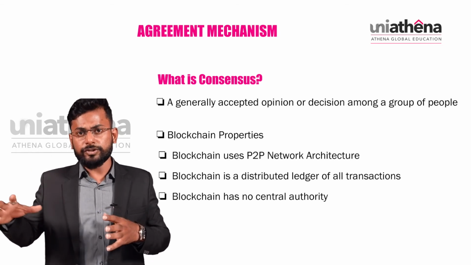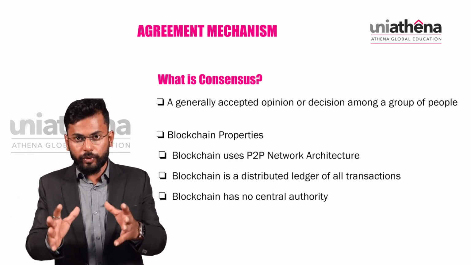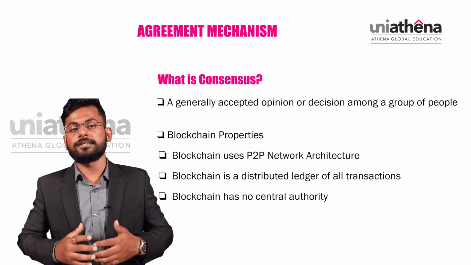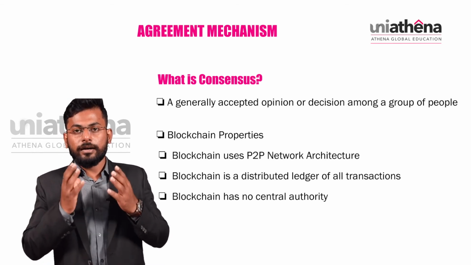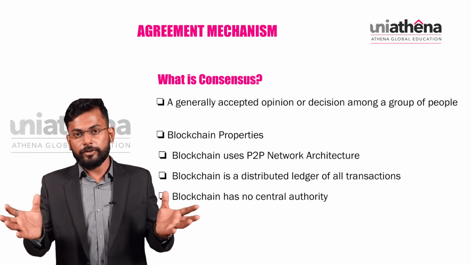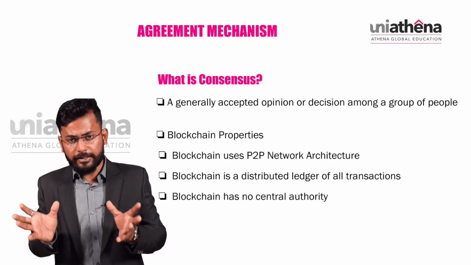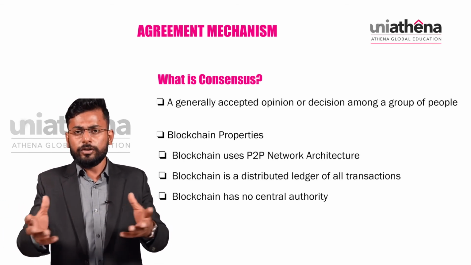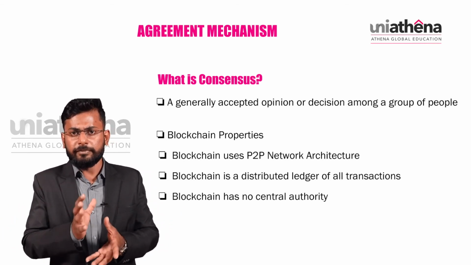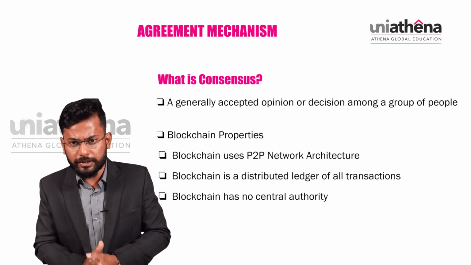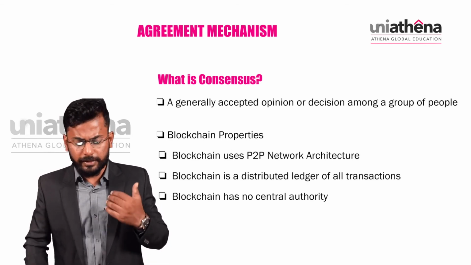The copy of that distributed ledger needs to be the same throughout the network, and for that a consensus mechanism is required. Consensus means agreement by a group of people. Here it is a group of computers. All the computers need to come to the same decision that this is the copy of the ledger, and that is why a consensus mechanism is required.